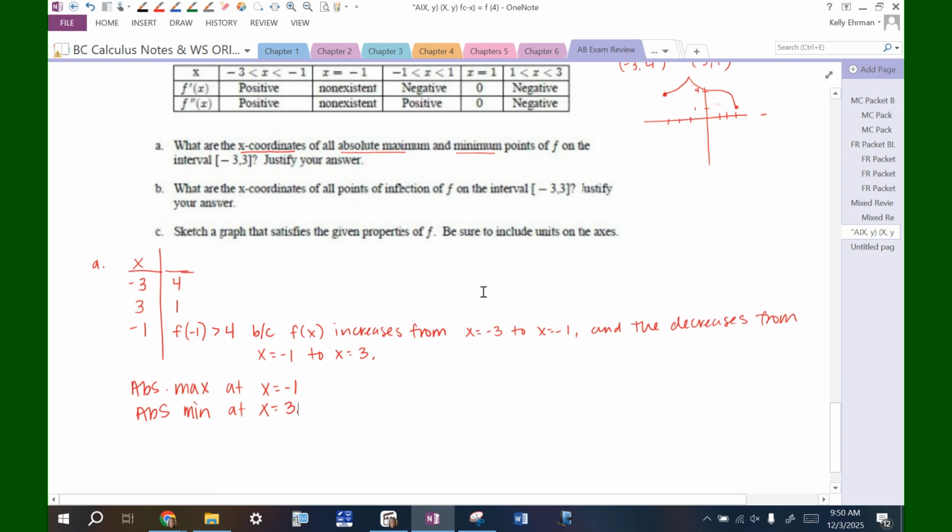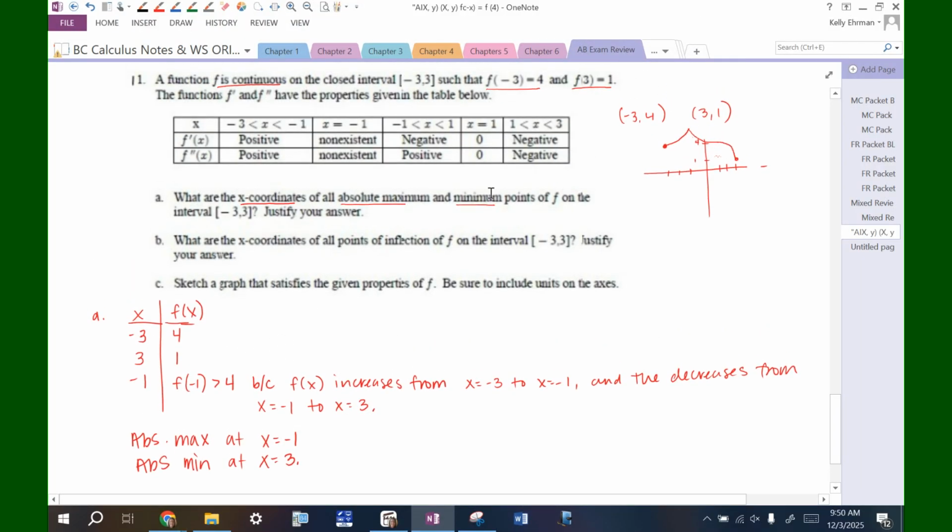Justify your answer is just done with the extreme value theorem, really. The only candidates are the endpoints and the relative extrema, and f prime only changes signs at -1. It does not change signs at 1, so there's no potential for a relative max or min at x equals 1.